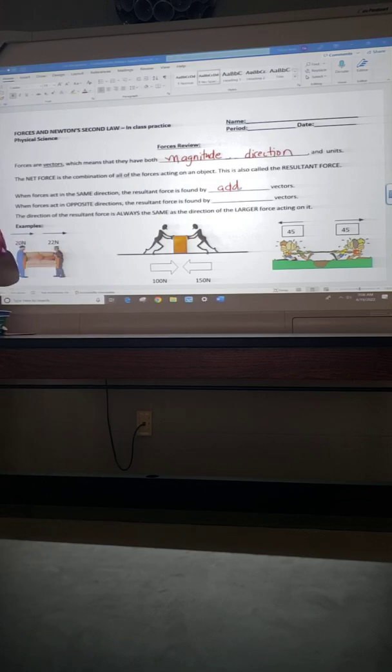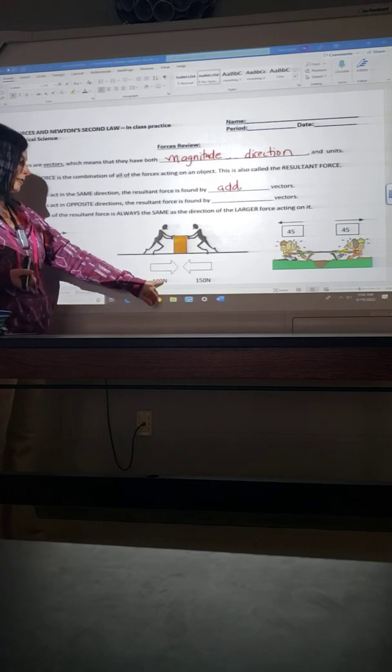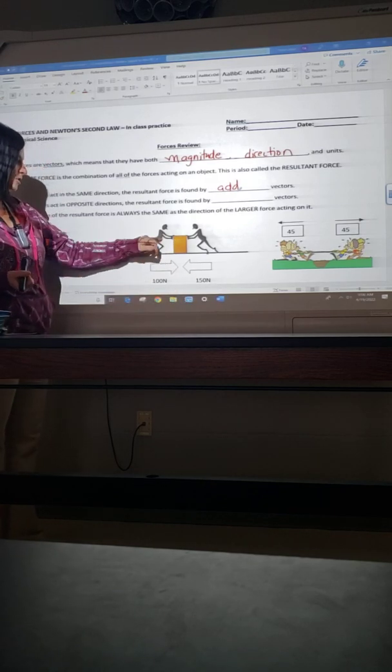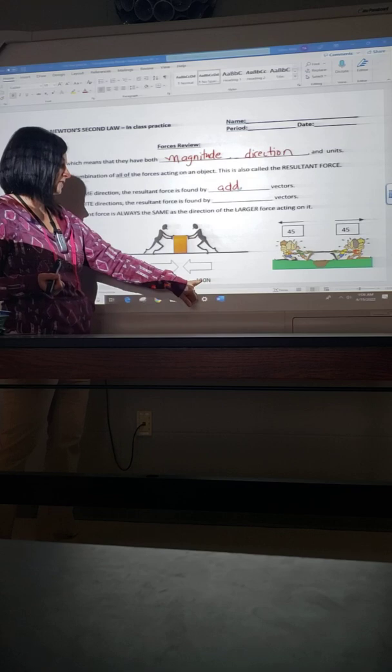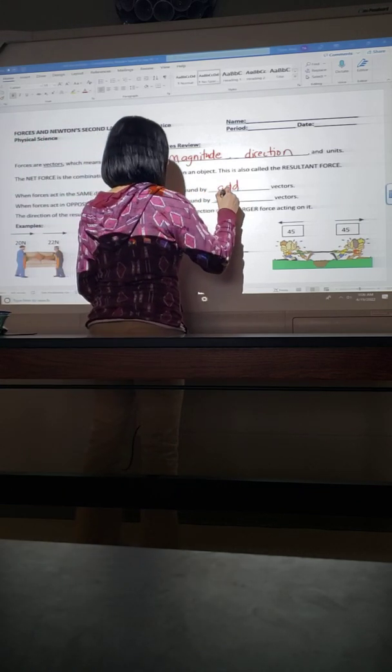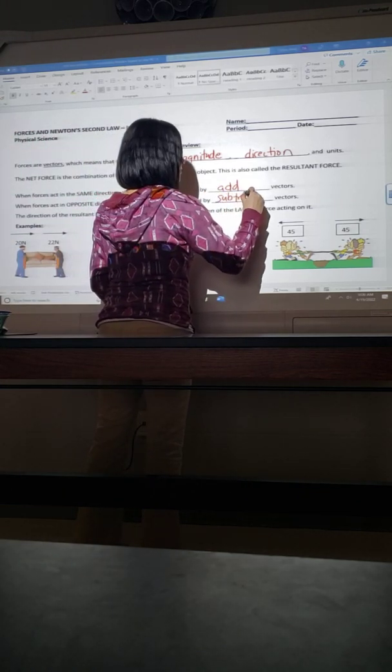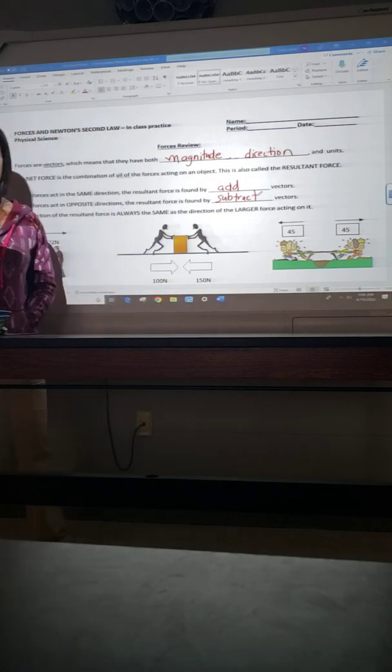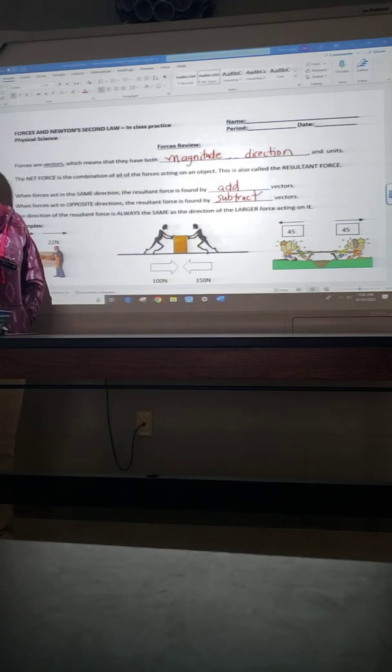If we have forces that are in opposite directions, like here, this little guy's pushing with 100 newtons to the right, 150 to the left, what are we going to do there? Somebody else. There's 22 of you. Subtract them. Good, thank you. I do appreciate people offering to answer multiple times, but I'm trying not to make you do all the work.